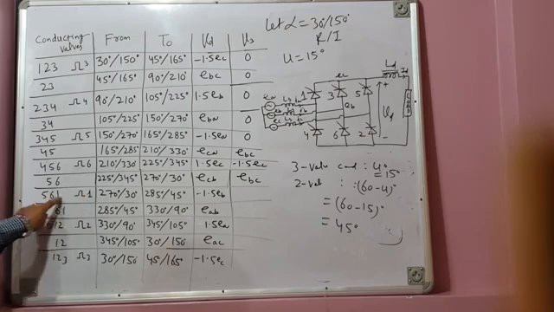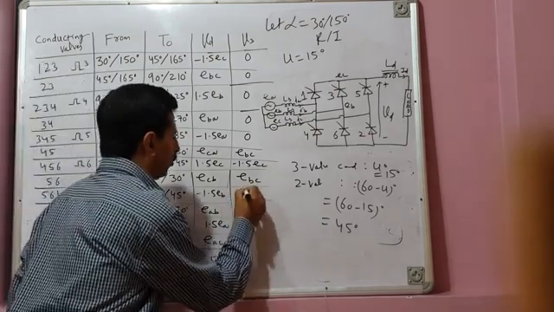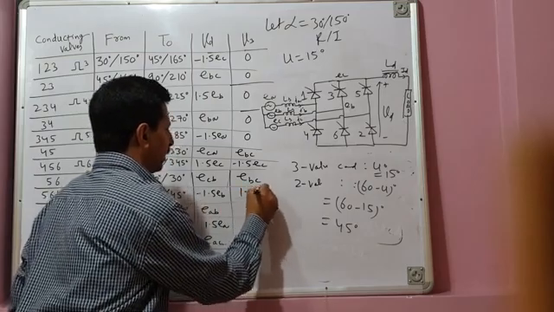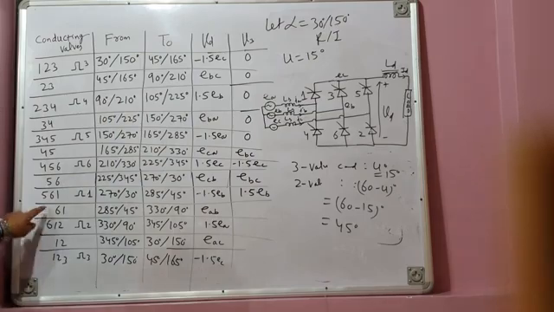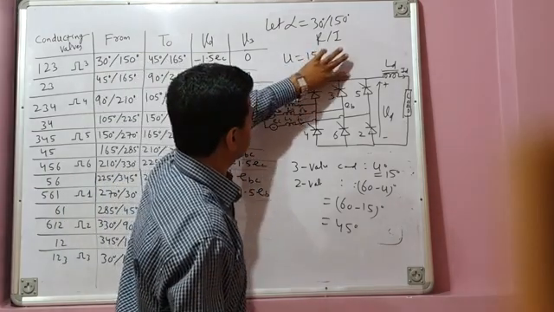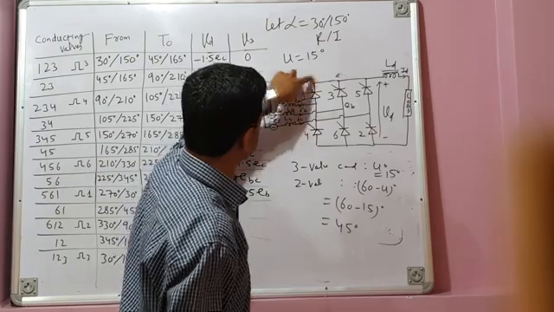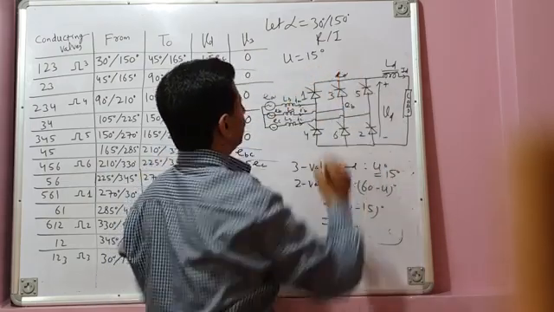Then 5, 6, 1, 3 valves are conducting. What is this load voltage? Minus 1.5 EB, and the valve voltage will be just the opposite of this, plus 1.5 EB. And then 6, 1, 1 is now conducting. So when 1 is conducting, see, its anode voltage is EB, and when 1 is conducting, its cathode voltage is EA. And what is the total voltage V3?